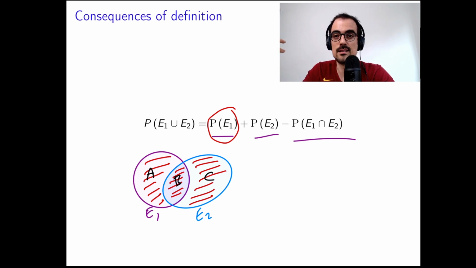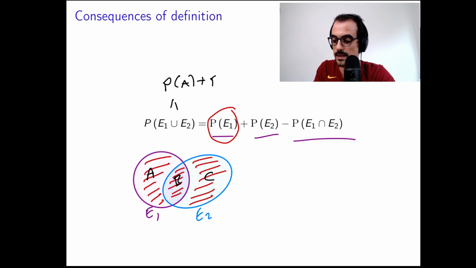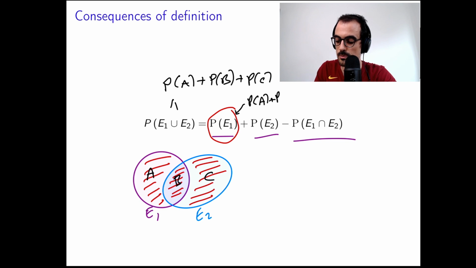And by the way we have defined probability measure, the probability of the union is equal to the sum of the probabilities of the disjoint events A, B, and C. But also, the probability of E1 is equal to the probability of A plus the probability of B, because A and B are two disjoint events that make up E1.